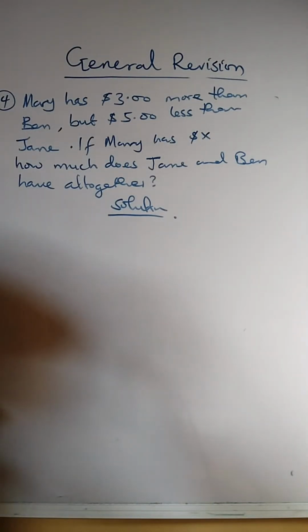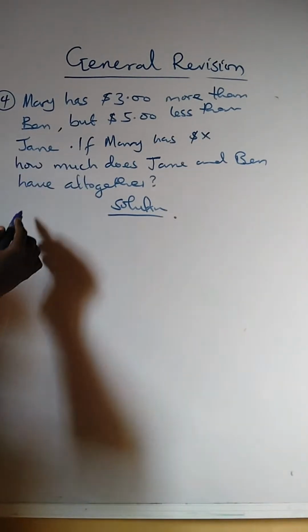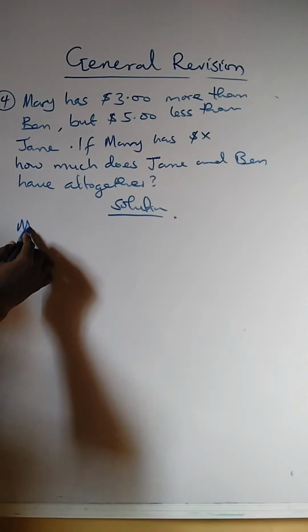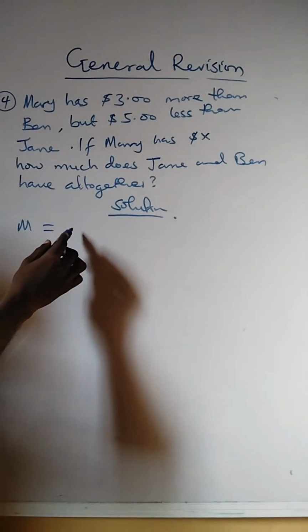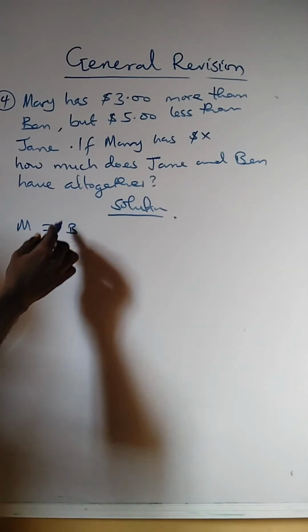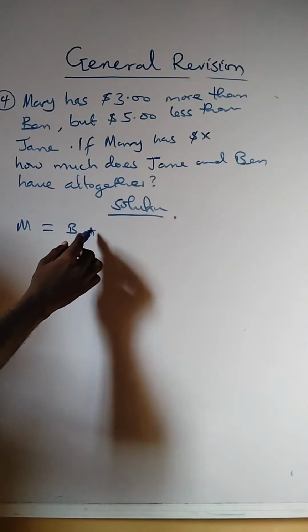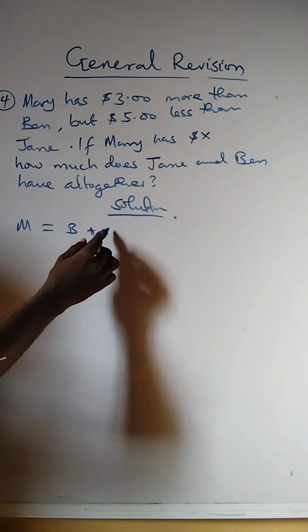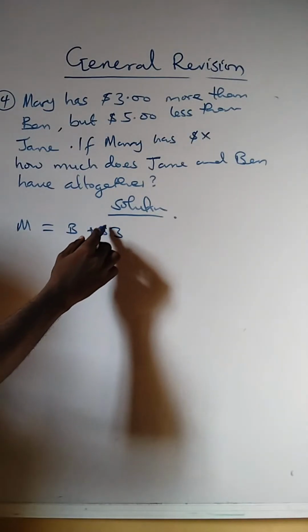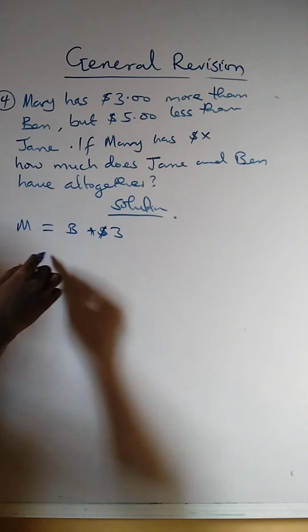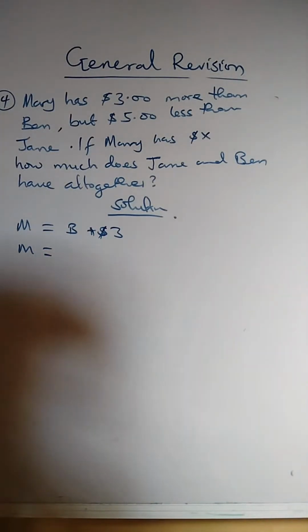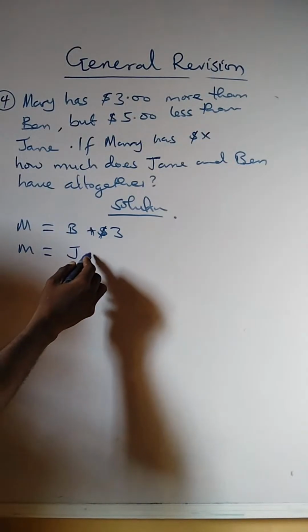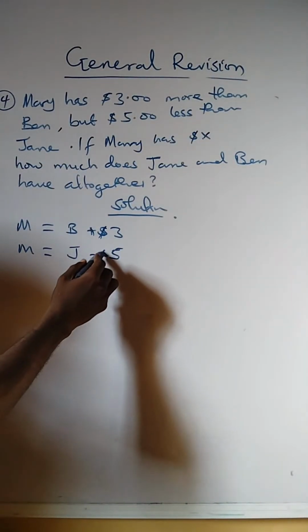To make the work easier, we can use the first letter of their names. Mary has $3 more than Ben, that will be Ben plus $3. And Mary has $5 less than Jane, that means Jane minus $5.